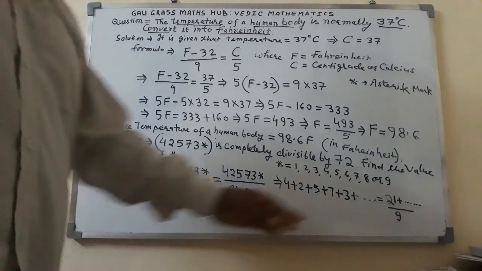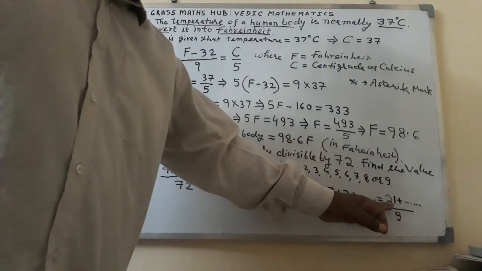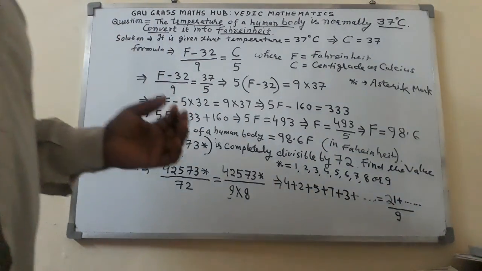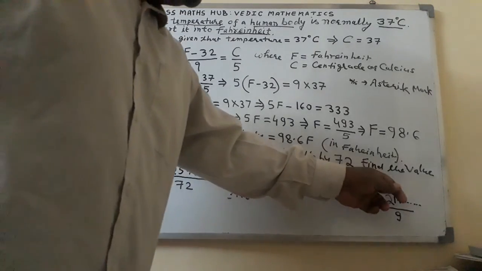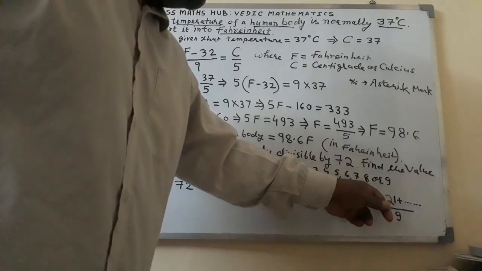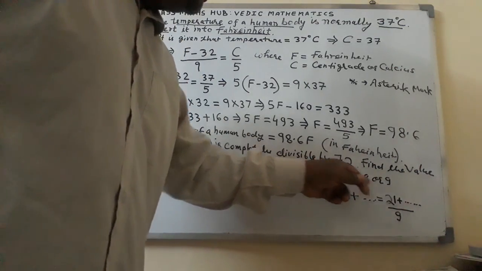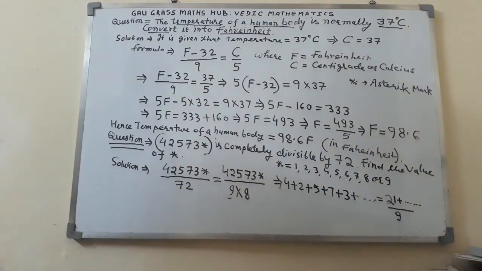Here 21 can't be divided by 9, so you have to think of one digit out of these digits that, added to 21, is completely divisible by 9.